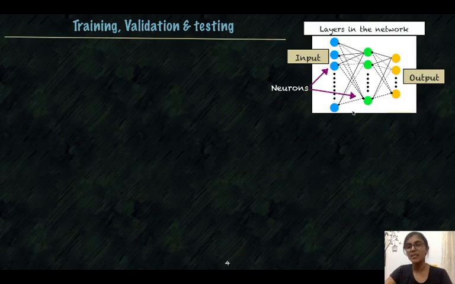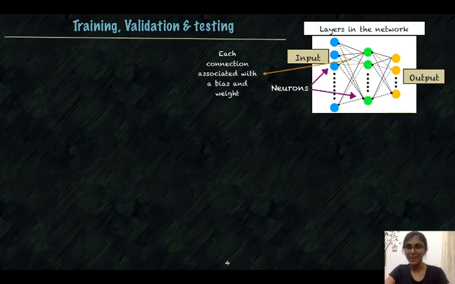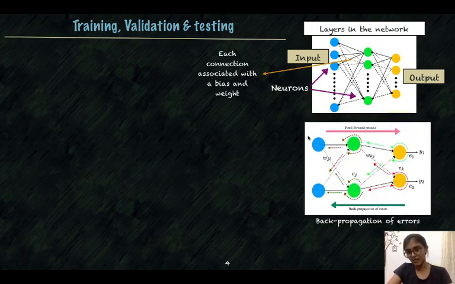We have input layers, output layers, and one or more hidden layers. Each of the neurons is connected to the neurons in the next layer by a connection associated with a bias and a weight.